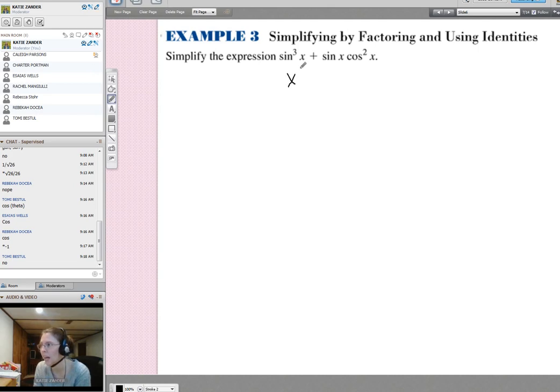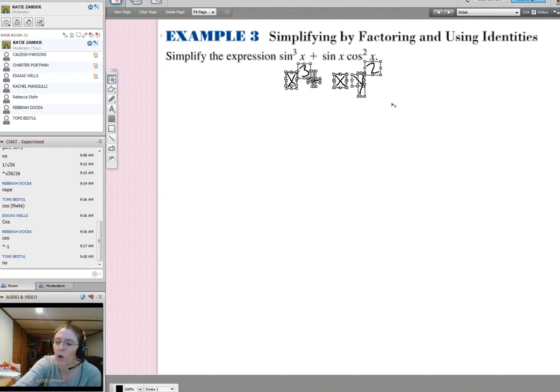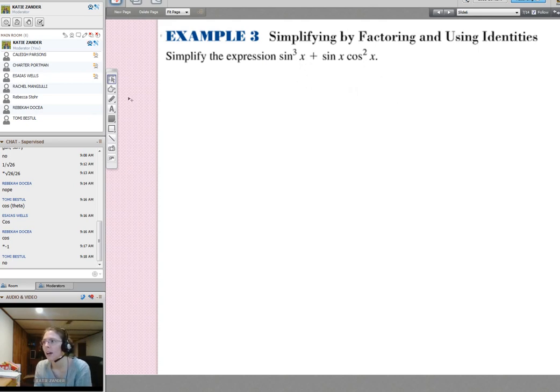So if I do like an x cubed plus x times y squared or something like that, and replacing sine and cosine with just x and y, it can actually help the whole process a little bit. So if you really struggle with the factoring piece, maybe try just rewriting it using variables and see if you get anywhere with that. I'm going to take this away though for now because hopefully we won't need that.